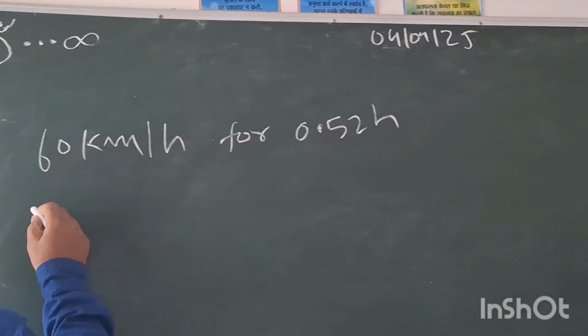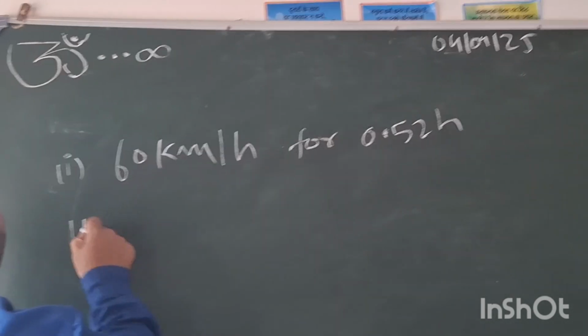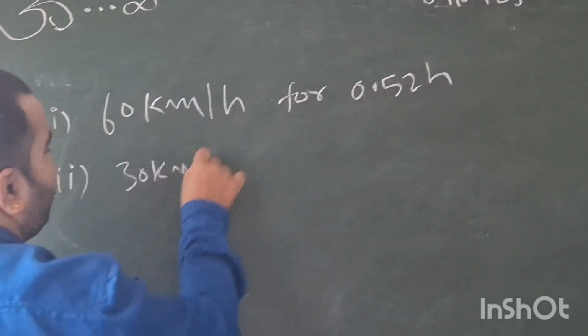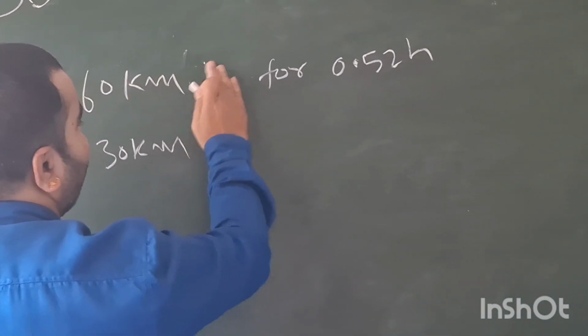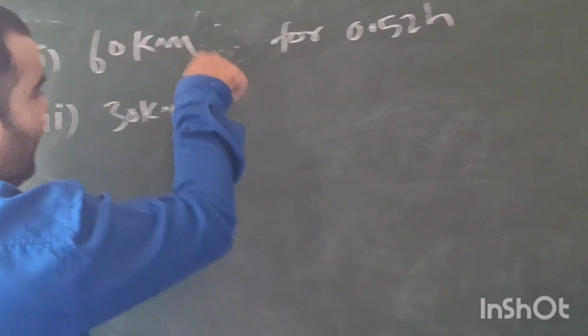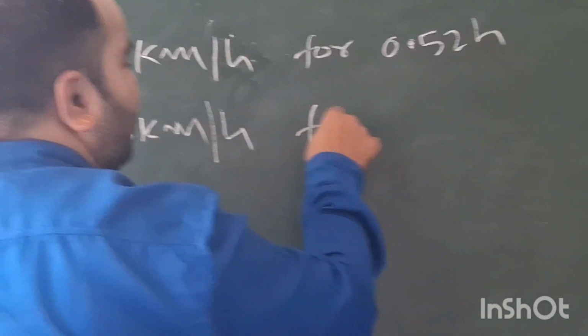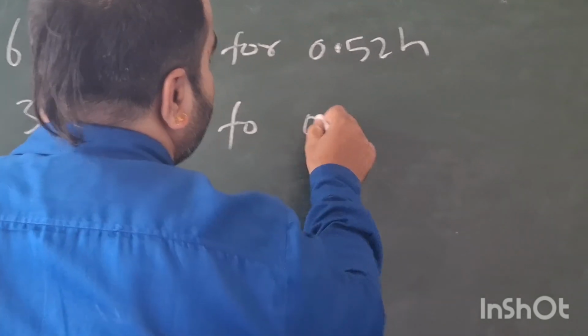Next, the second case: 30 km per hour for 0.24 hours.